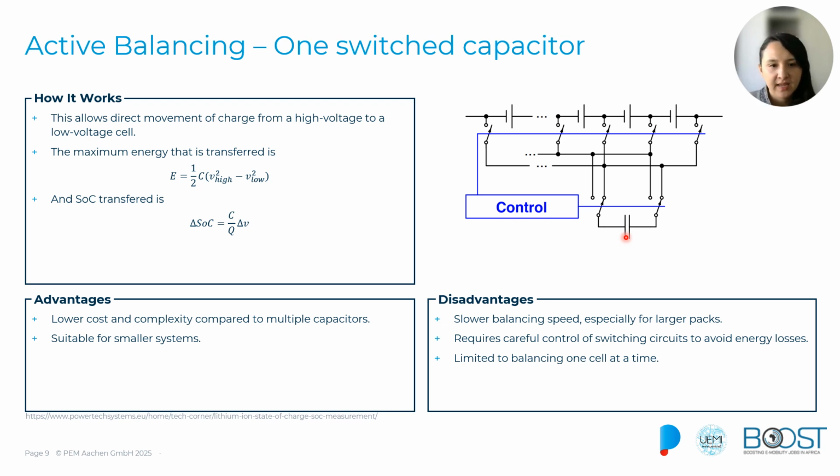The amount of energy that can be transferred by the capacitor will depend on the capacitance of the element, as well as the difference in the voltage between the maximum cell and the minimum cell voltage in our battery pack.